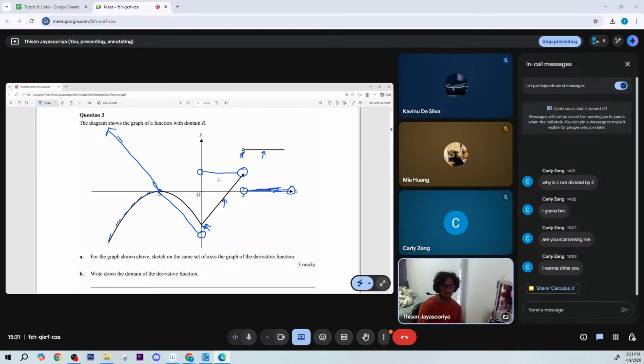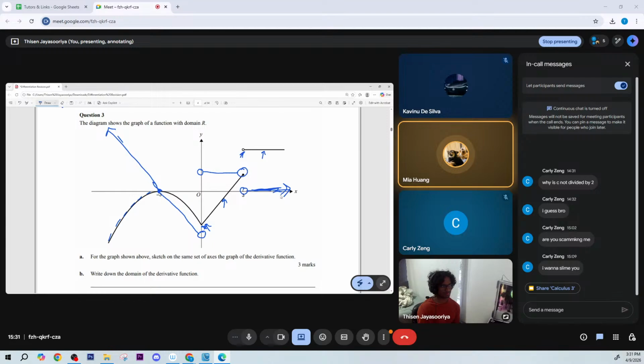So then, I'll ask Mia, what is the domain of this derivative? Oh wait, I'll remove the endpoint since there's no endpoint. Would it be negative infinity?